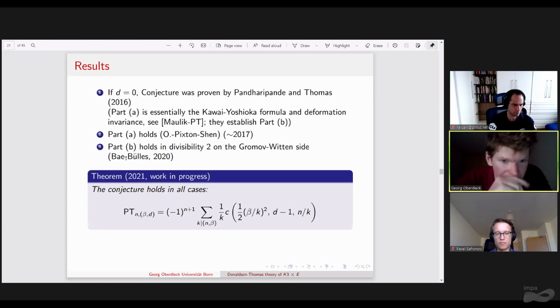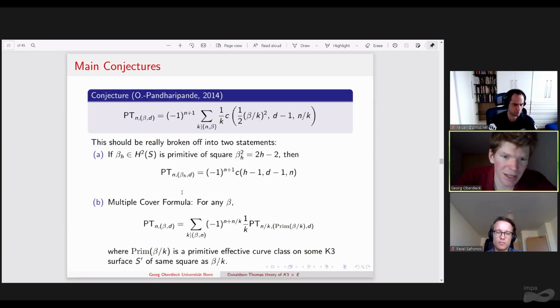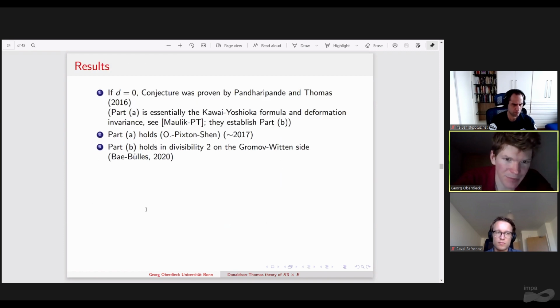The result here is still to be written up, but I'm confident that the conjecture I stated before, this evaluation, holds in fact in all cases. Part A was already known, so I can establish this part B.